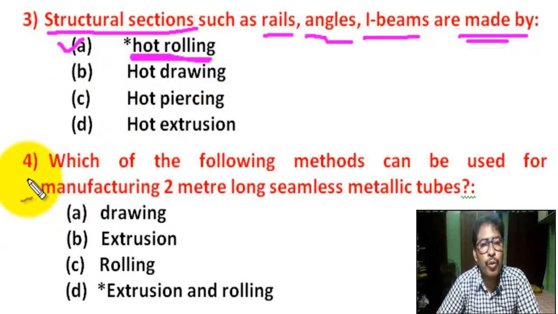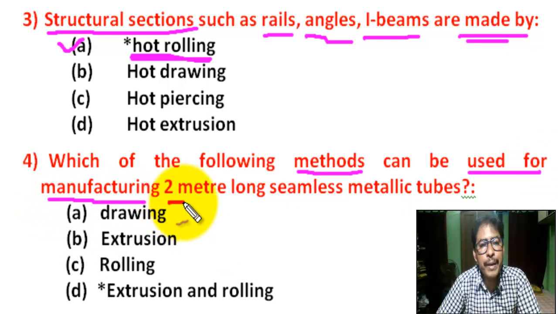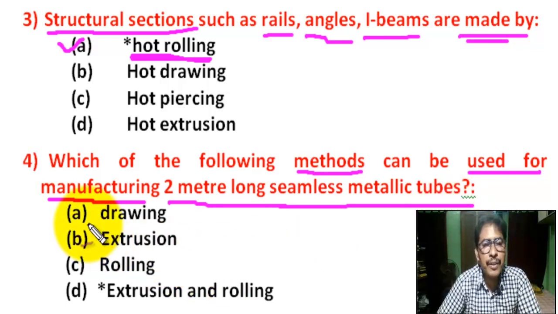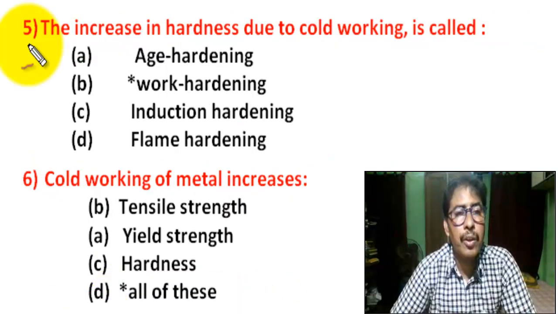Question number 4. Which of the following methods can be used for manufacturing 2-meter long seamless metallic tubes? There are 4 options. Correct answer is D, extrusion and rolling.